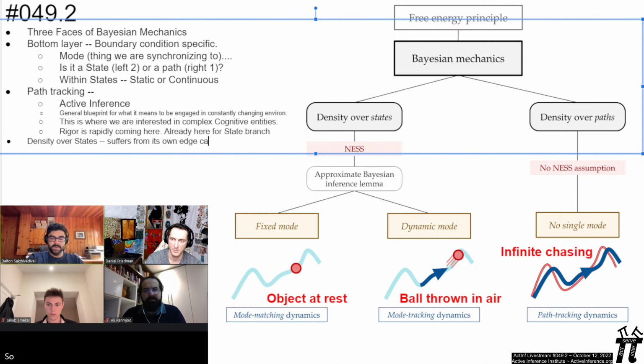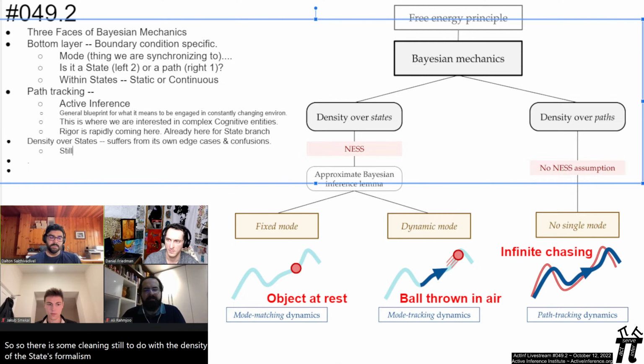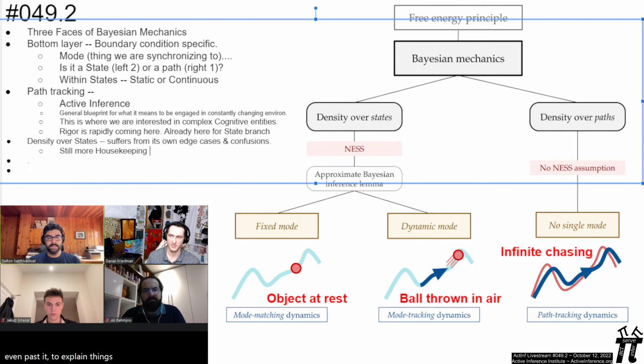So there's some cleaning still to do with the density over states formalism. But again, ironically, that's the formalism that we care the least about. What we're most interested in is making the path tracking make more sense, and making it more complicated, and generalizing even past it to explain things that synchronize two paths in a more complex way.